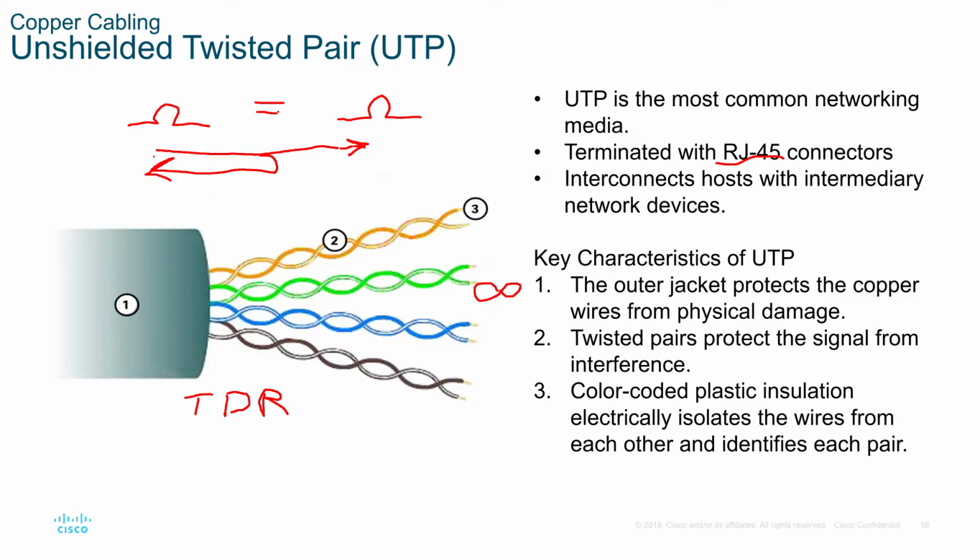Knowing the speed that the signal travels and how long it takes to get back, the TDR will tell us that this cable is, for example, 40 feet long.